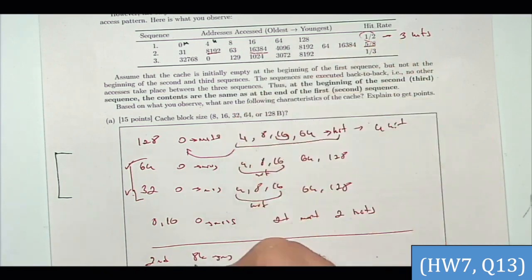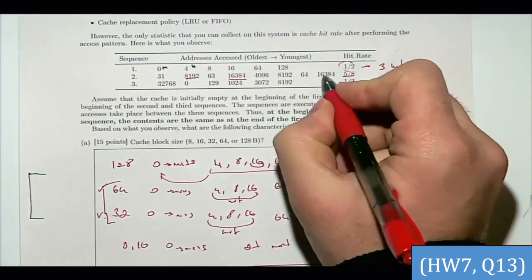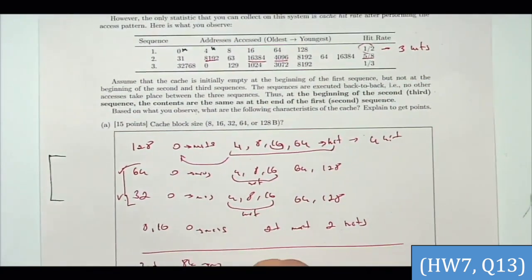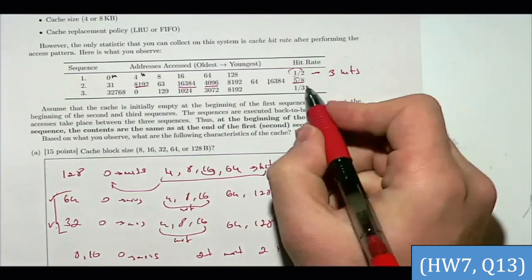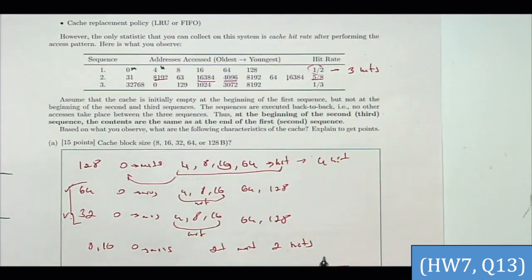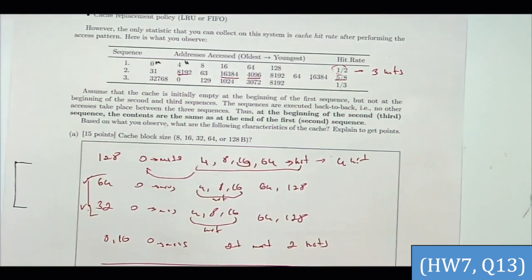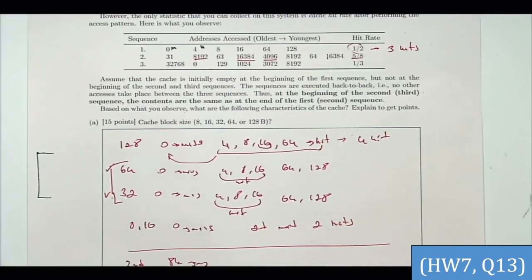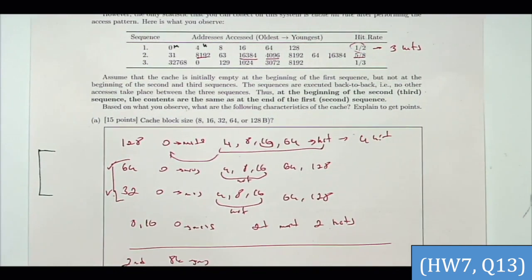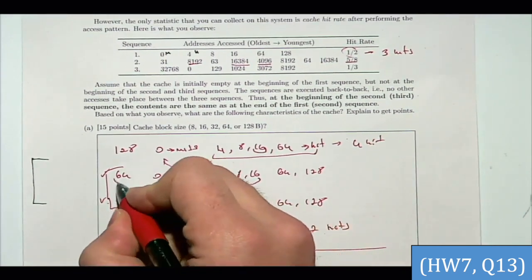For the first 16K, this is also a miss. And for this one as well, this is also a miss. For sure. So these are all misses. But then the rest of these need to be a hit for us, okay? So in order for this to happen, our cache size needs to be 64.